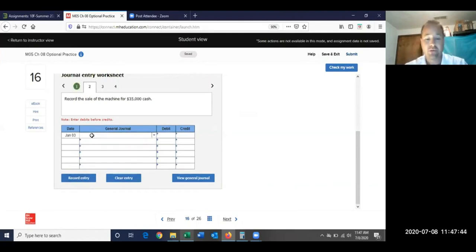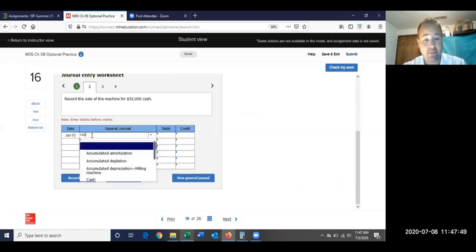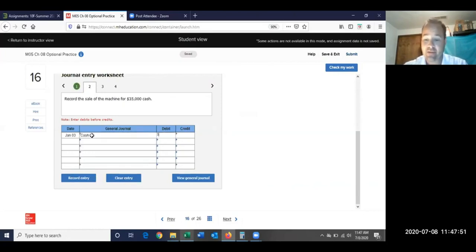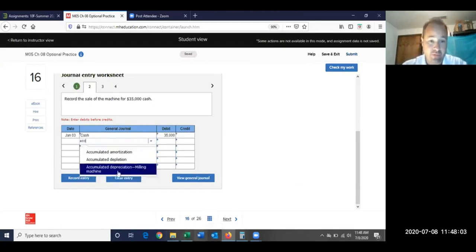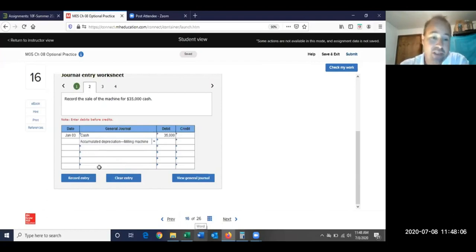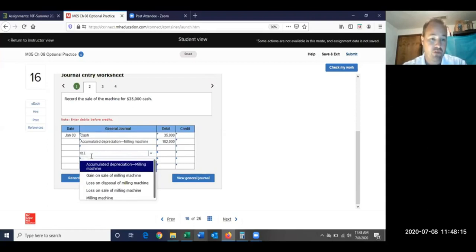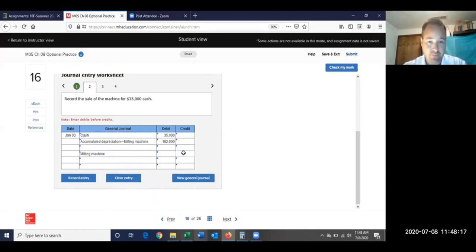Now on this one, I'm still going to have a loss because I sold it for less than what it's worth, 68, but at least the loss isn't as bad. So I put my debit, what I'm getting, and then usually the credits are what you're giving up. But if you're giving up a contra account, then it's going to be a little different. You're going to have to debit it as well, just like we did above. Debit the 182. I'm going to skip a line because I know that I'm getting rid of my milling machine, 250.